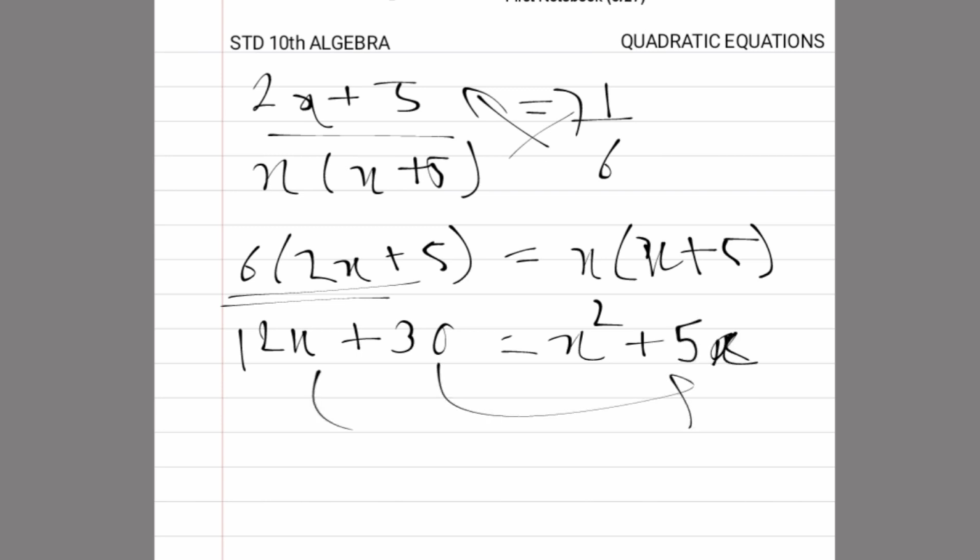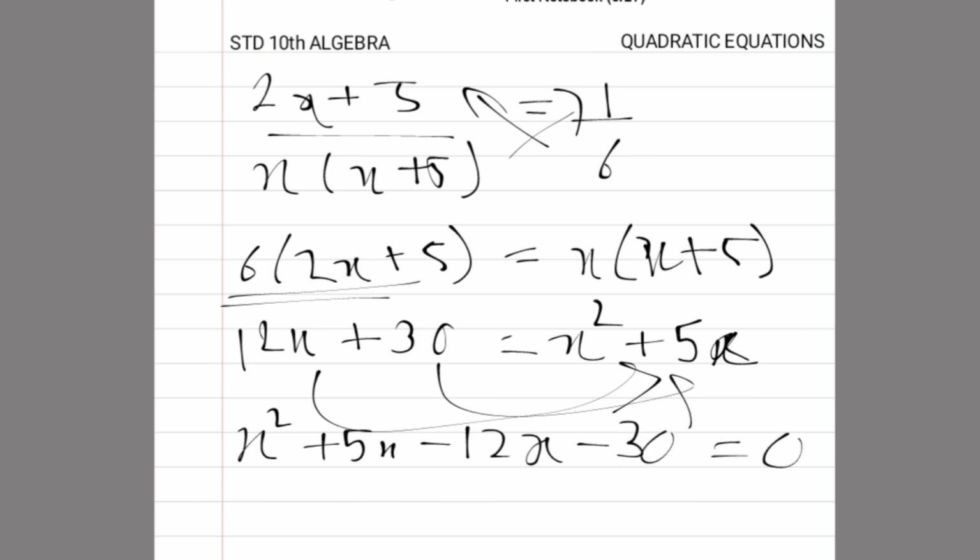Taking these terms to the other side, we get x square plus 5x minus 12x minus 30 is equal to 0. Solving this, we get x square minus 7x minus 30 is equal to 0.